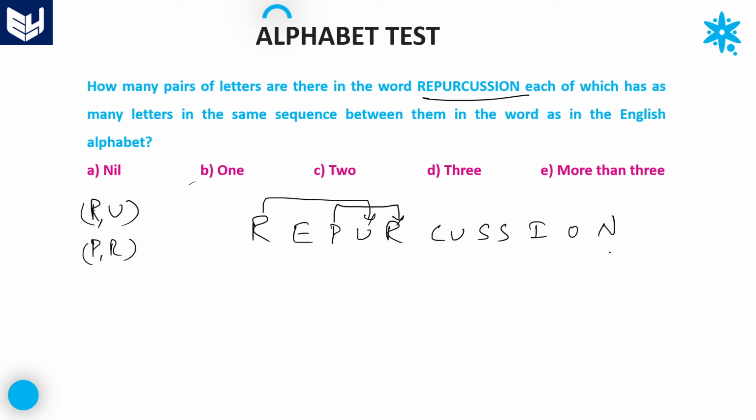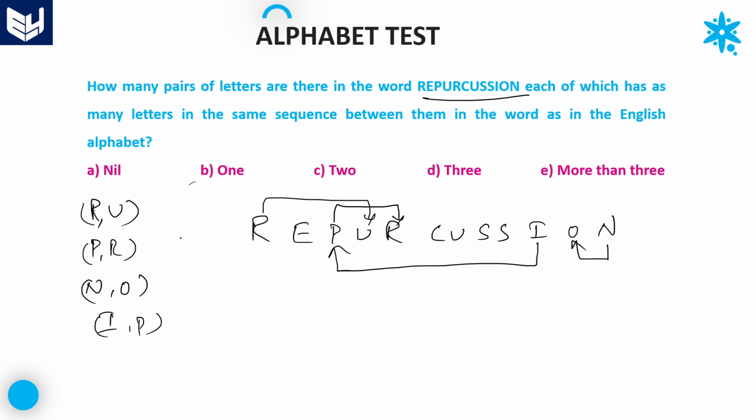Next, reverse order. N, O is one pair. P, Q, R, S, T, U, V, W, X, Y. No. Next, with O, P, Q, R, S, T, U, V, W, X, Y. No. I. J, K, L, M, N, O, P. I and P is one pair.